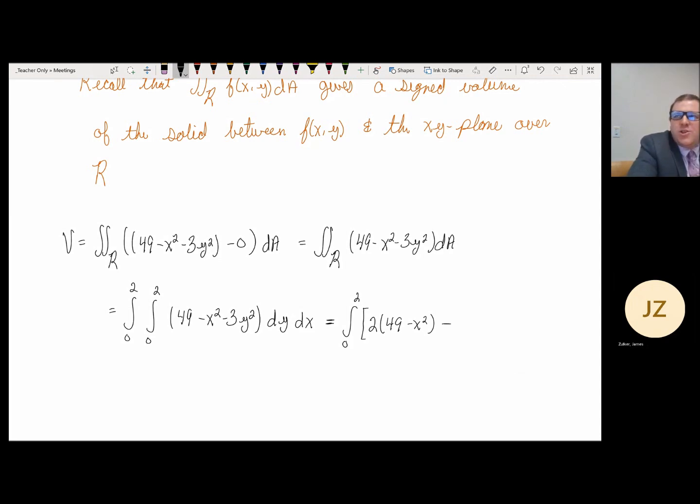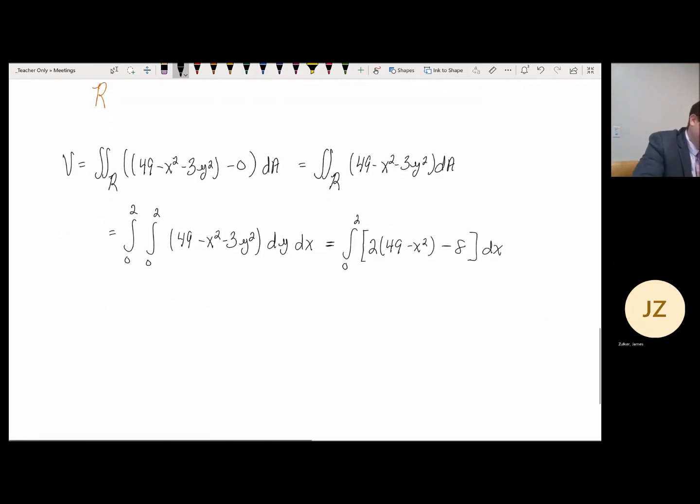Then it's going to be minus y cubed from 0 to 2, which is just 8. 2 times 49, 98 minus 8 is 90. Right, 90 minus x squared dx from 0 to 2.